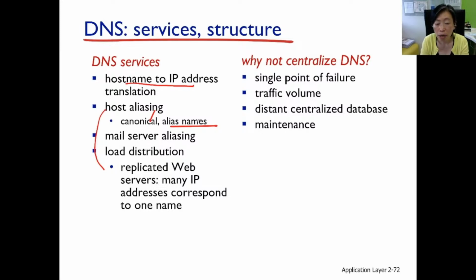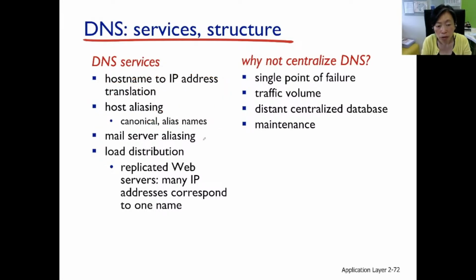This is how users know services, such as google.com. From the alias name, DNS allows the web browser to look up the canonical name of the server, and from the canonical name, identify the IP address through one of these mappings from host name to IP addresses. So that's how host aliasing works.